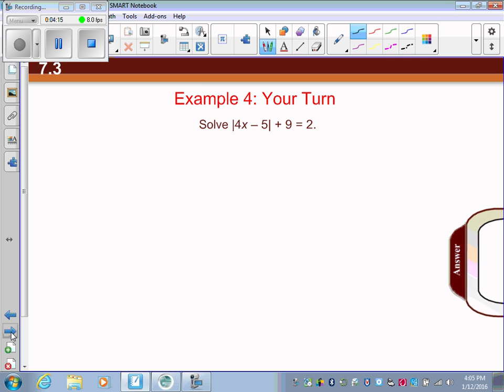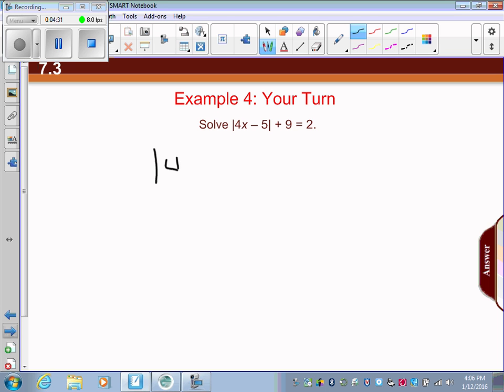Okay, you should try this one on your own. Pause the recording here and try this one on your own. So, again, we come to this one, and through common sense, when I rearrange this, I'm going to get 2 subtract 9 is negative 7.